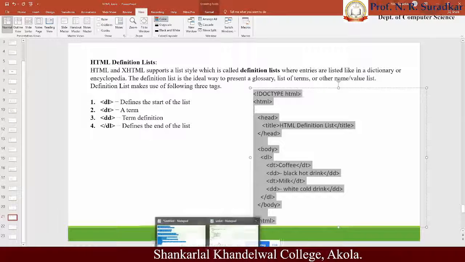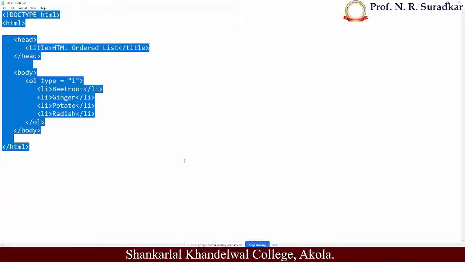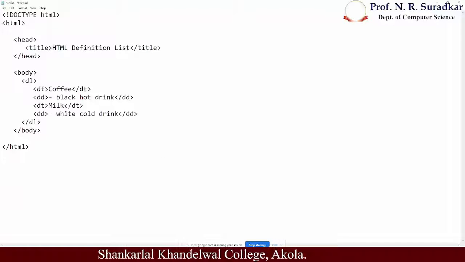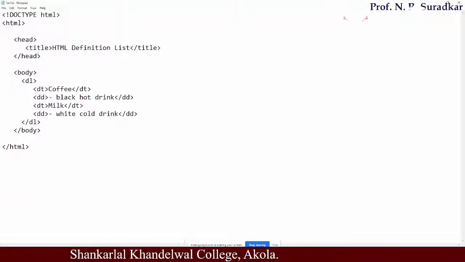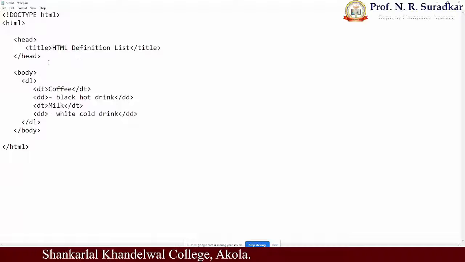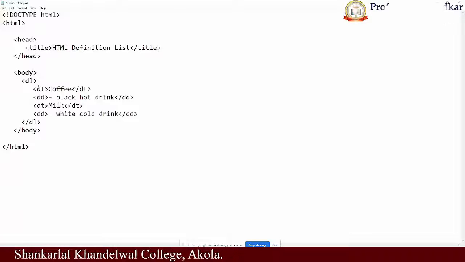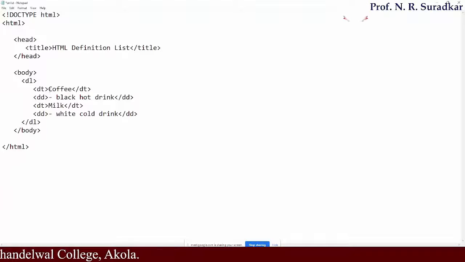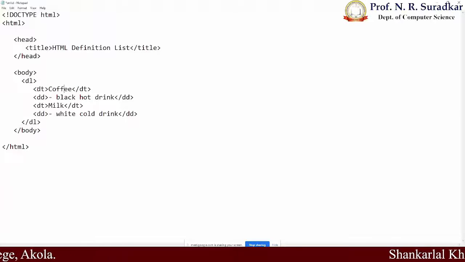Control C. Go to the program. Control A, Control V. All these things are the same. Basic tags HTML, then title, then body. The main content is a definition list tag, opening and closing definition list, in which we have to specify the term. The name of the term is put in between the opening DT and closing DT tag.